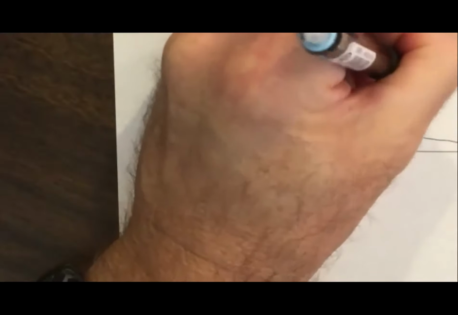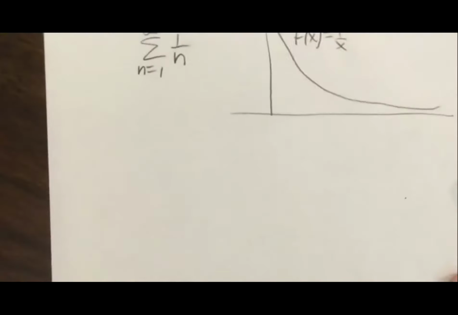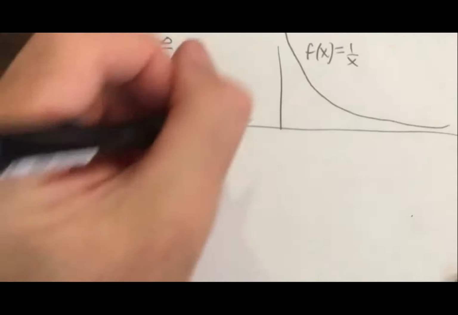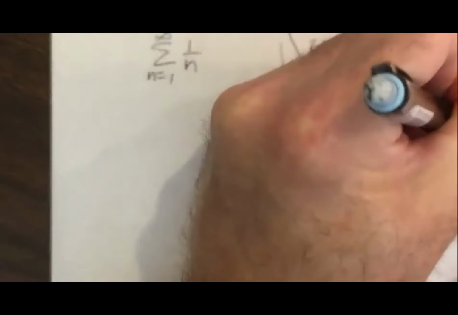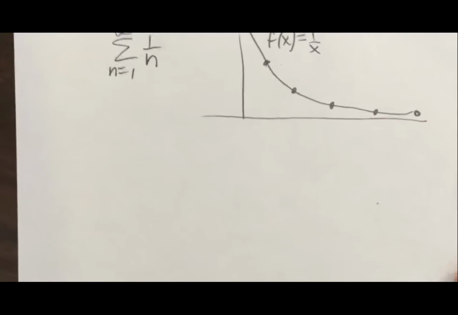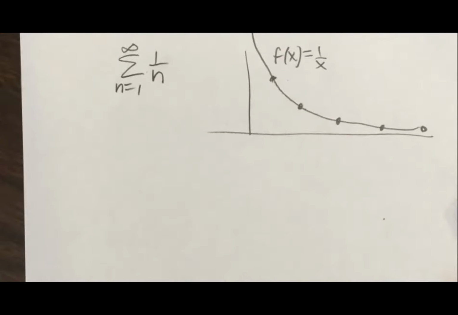But now that we have the integral test, let's try that instead. Maybe this test will work better. So what I'm looking at is the function f of x equals 1 over x. And of course, my terms have to be following along this function. That's certainly true for 1 over n and 1 over x.